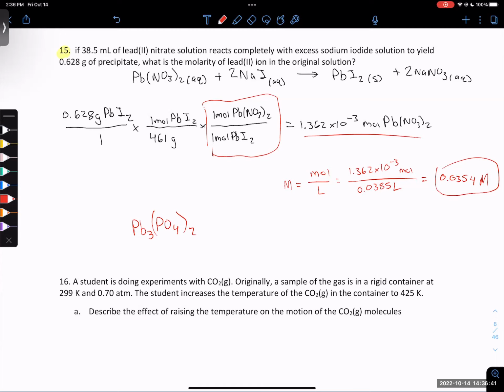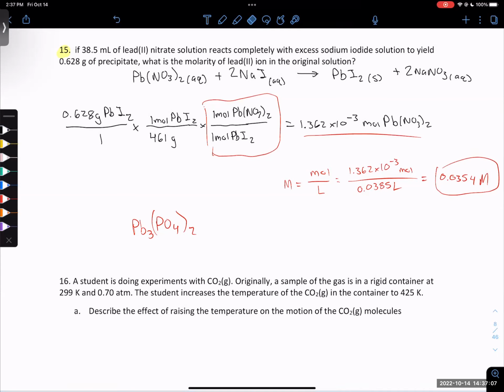But because in each of these there's only 1 lead 2+ ion, you don't have to do anything in this case. But yeah, if it was lead-2 phosphate, you would need to multiply this by 3. Perfect. Any questions?